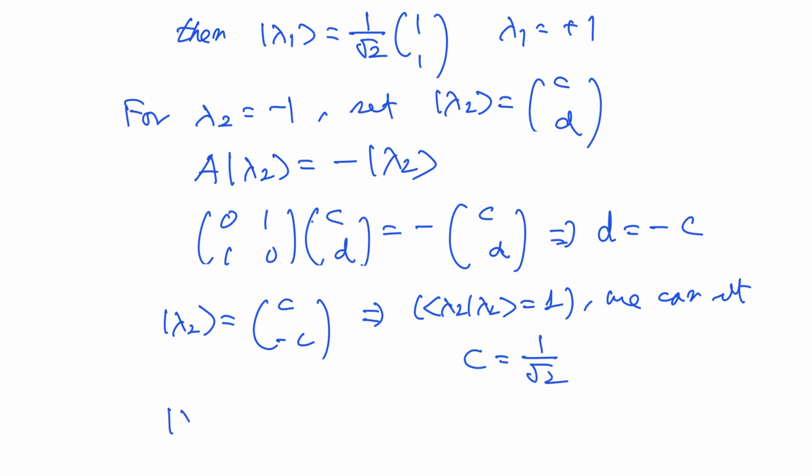So |λ2⟩ is 1 over square root of 2 times (1, −1). Now we go back to the examples we studied at the beginning of this class, right? We can double check λ2.